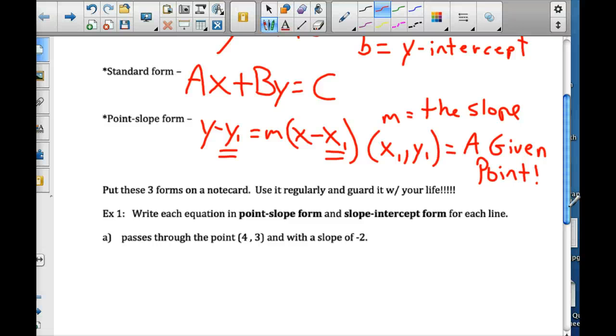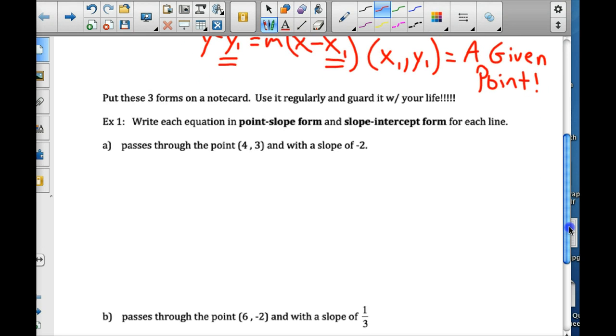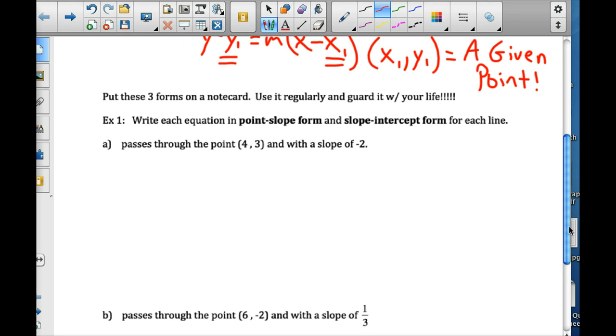All right, let's try a couple of these. We're going to give you guys a nice little sheet of paper that Ms. McCall typed up, with those three forms on it and examples. We're probably going to do that Wednesday instead of today. But you need to know those three forms. Memorize them. All right, write each equation in point slope form.